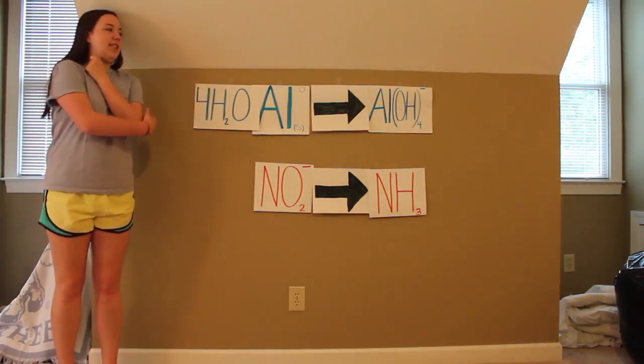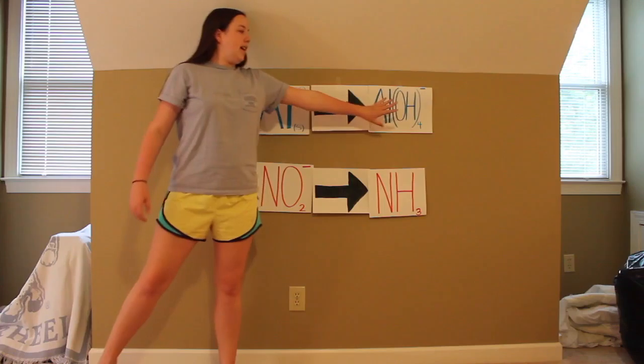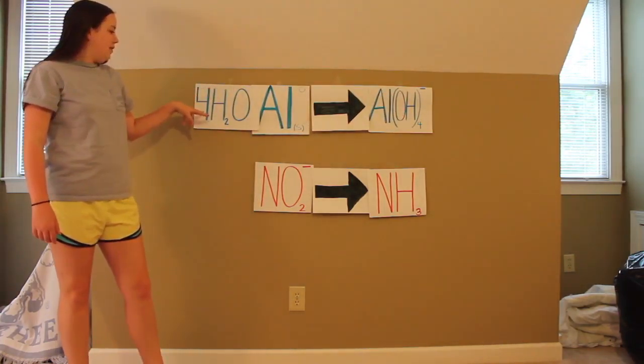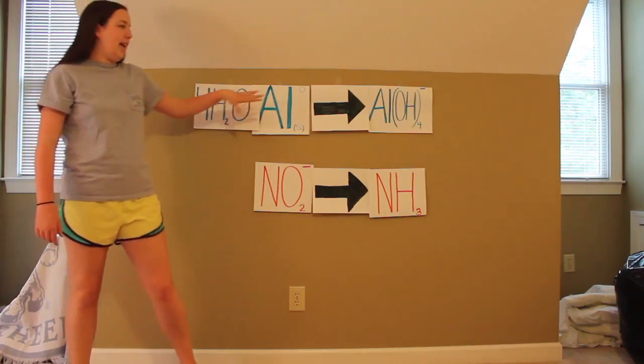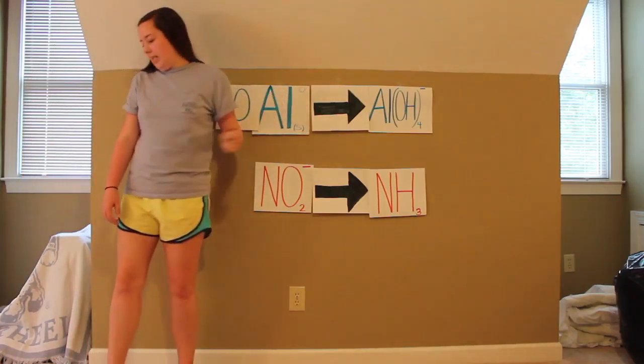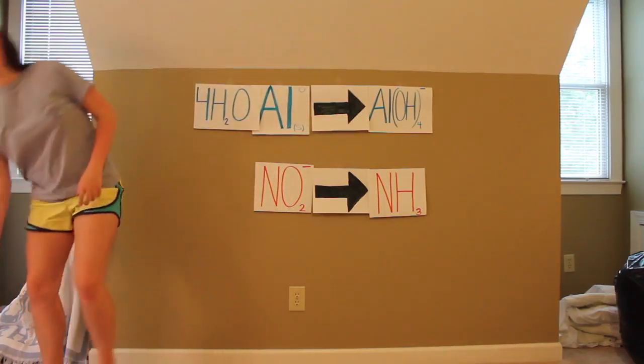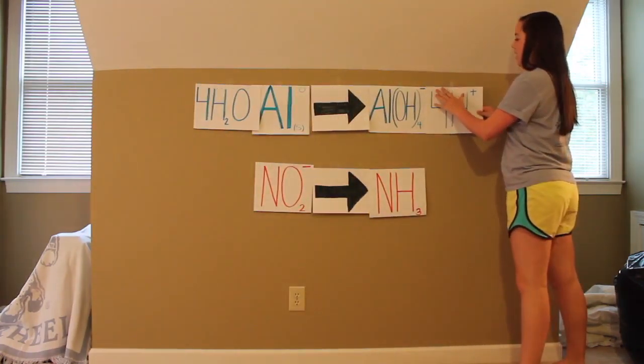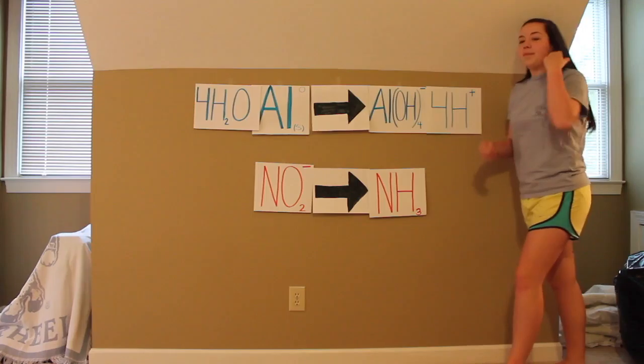The next thing you want to do is add hydrogen, so there's 4 on this side and 8 on this side, so we need to add 4 more hydrogen to that side. We're going to add 4 right here.